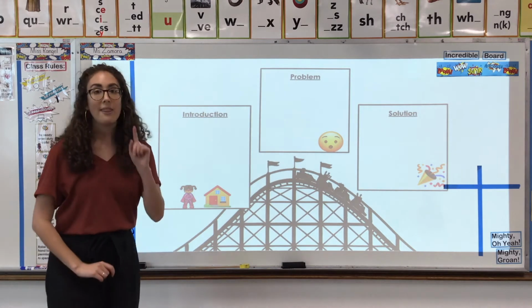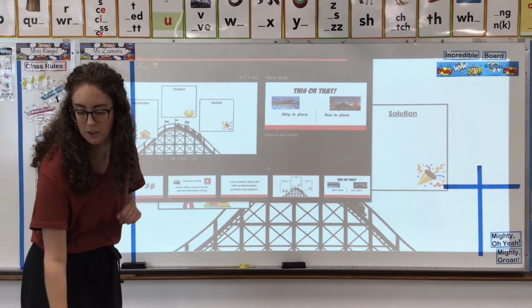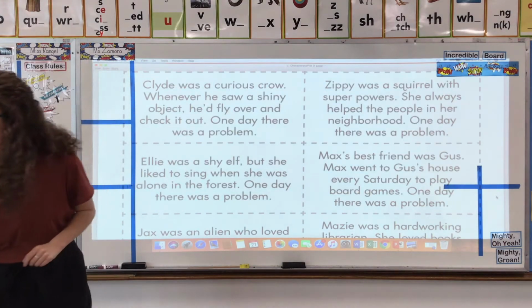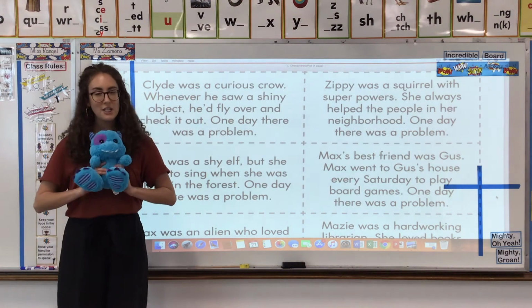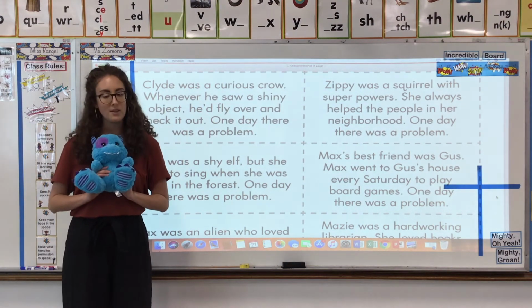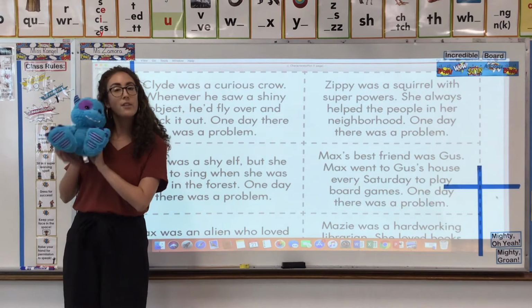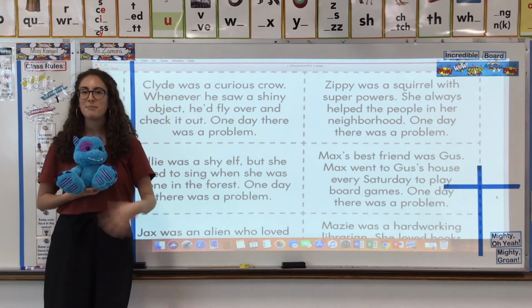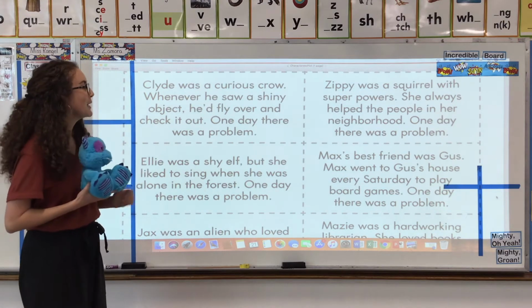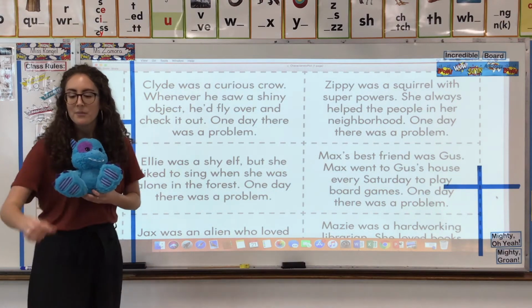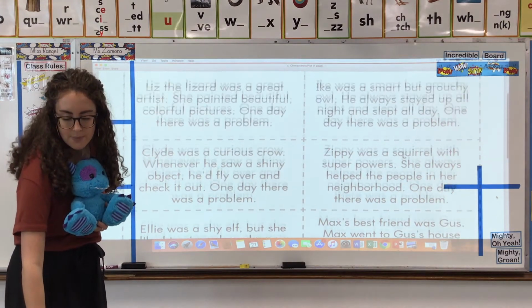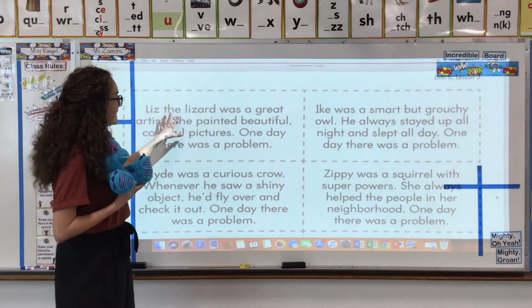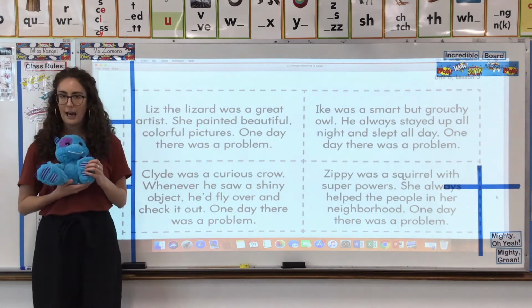So this is when you are going to need your conversation buddy out. So make sure they're right next to you because we're about to talk with them. So with our conversation buddy today, we're going to use this sheet. It looks a little crazy, but we're only going to use parts of it. So on this sheet, we are going to read different descriptions of a character.